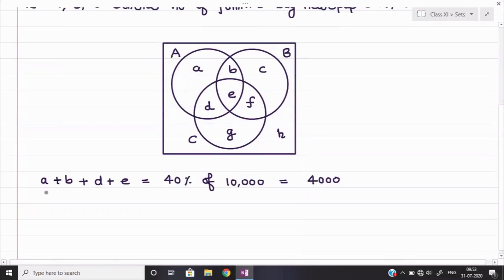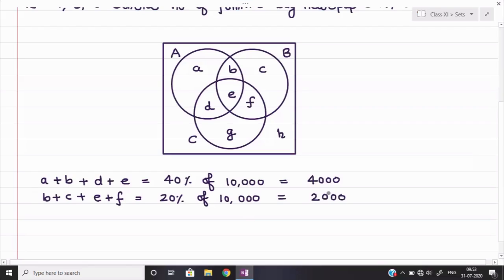So B will be here B plus C plus E plus F is equal to 20%. So 20% of 10,000. If I convert the percent symbol to upon 100, then two zeros will be cancelled, and 20 and 100, if I multiply, it will become 2,000.